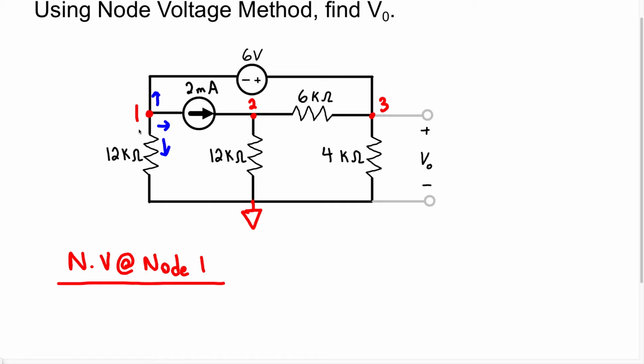Now we know we're going to have the voltage at node 1 divided by 12,000 to get the current flowing through that resistor. Plus, we have a current source, and this current is actually leaving from this node. So we're going to have a positive. The value of that current source is going to be 2 milliamps. So we have 2 times 10 to the negative 3.